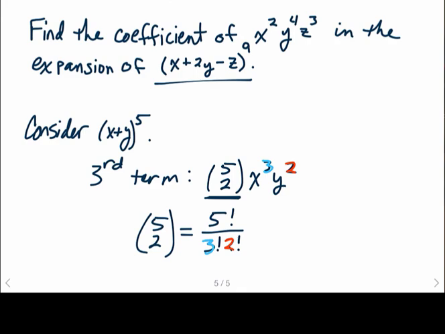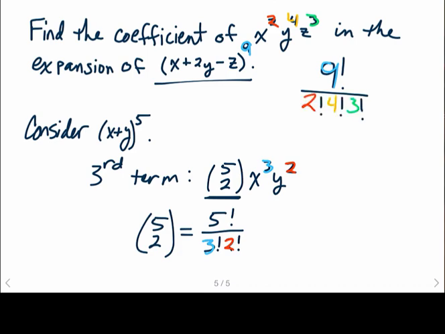And so we are actually going to have 9 factorial. Now that 9 is coming from the fact that it's x plus 2y minus z to the ninth, divided by 2 factorial times 4 factorial times 3 factorial.